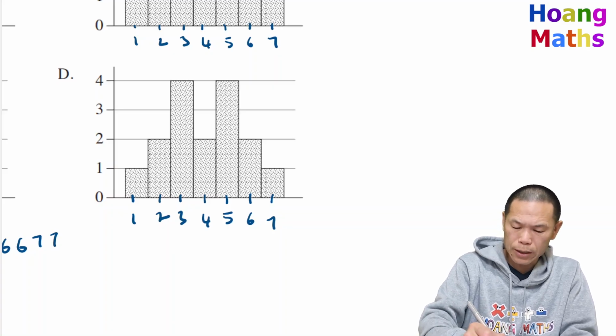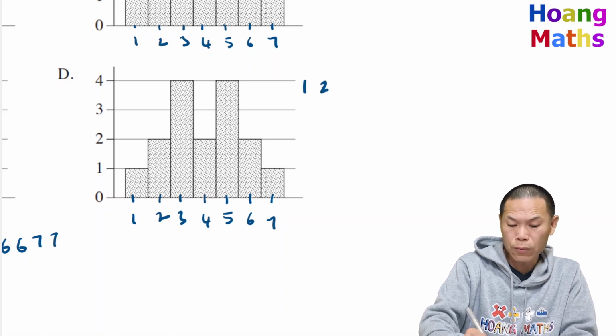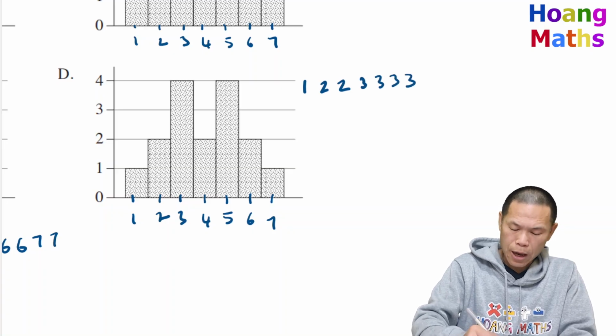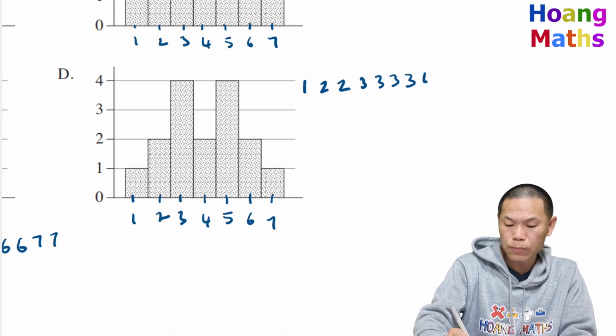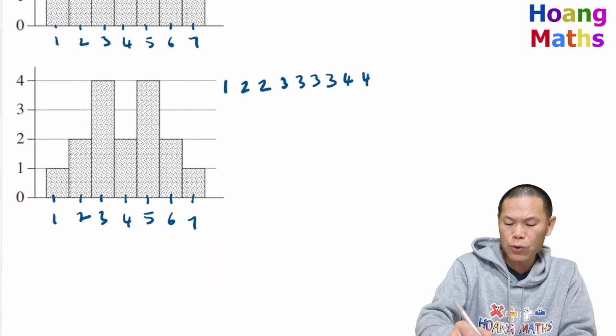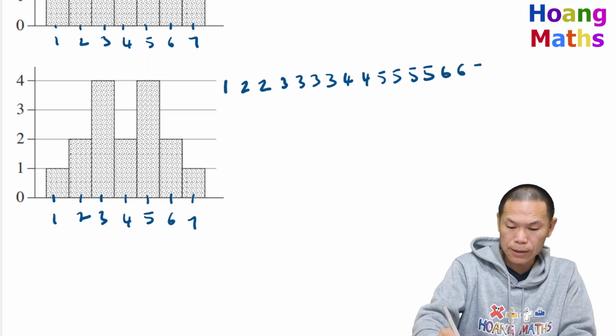Let me just write on here. 2 has a frequency of 2. 3 has a frequency of 4. 4 has a frequency of 2. And then 5 has a frequency of 4. 6 has a frequency of 2. And then we have 7.